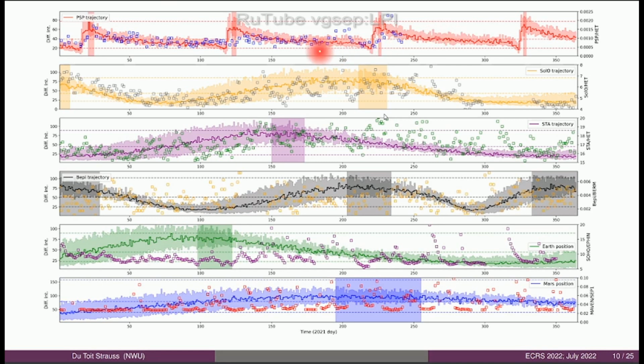The same for Solar Orbiter, you can see this nice trend. The same for Stereo A. We still have to massage the data a little bit to see if we can get a clearer signal out, but in principle, we can now do these two-dimensional reconstructions of the particle intensity, which I think is really great.